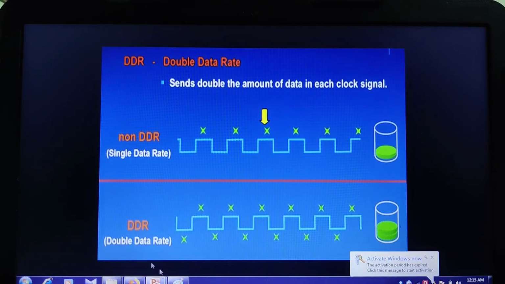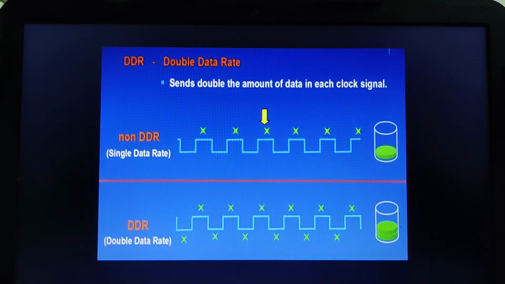Why? Because DDR is capable of transferring the data at both the rising edge and the falling edge of the clock signal. So you can see here there is a falling edge of the clock signal. It will transfer the data. The cross mark indicates it is transferring the data, and it also transfers the data when the clock signal is high.